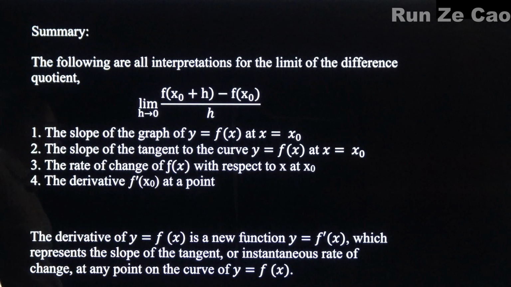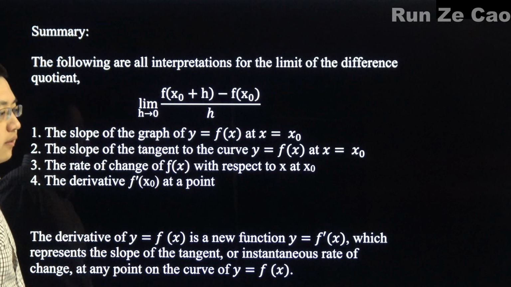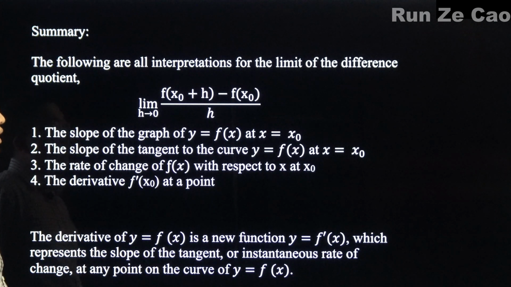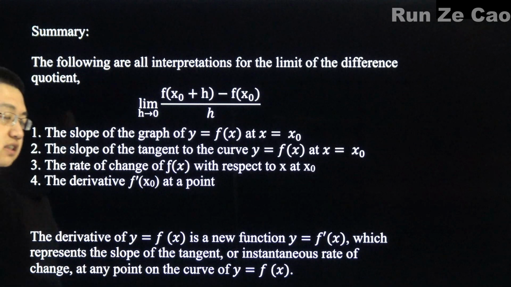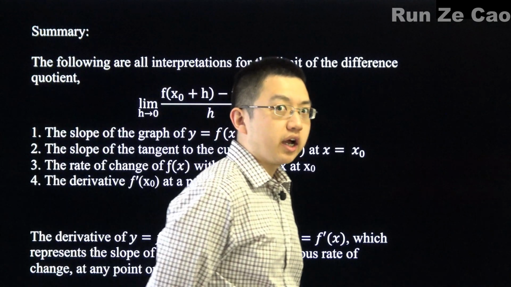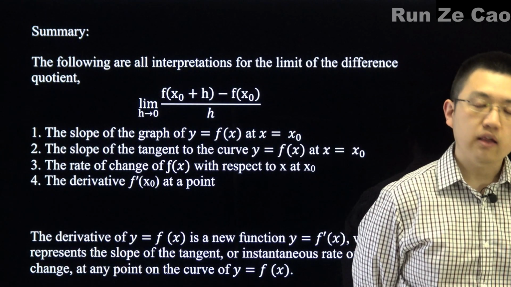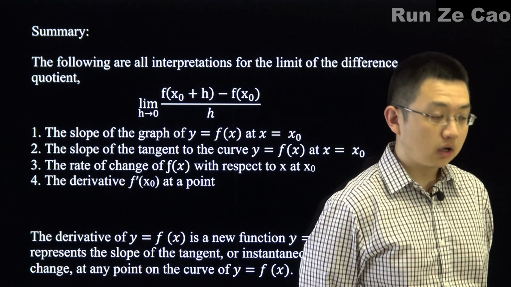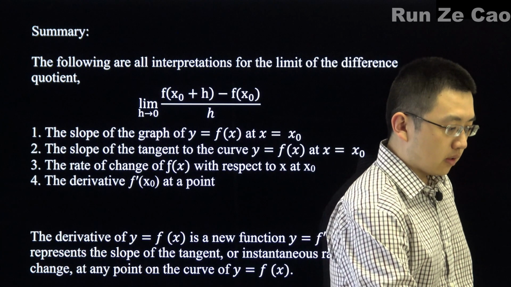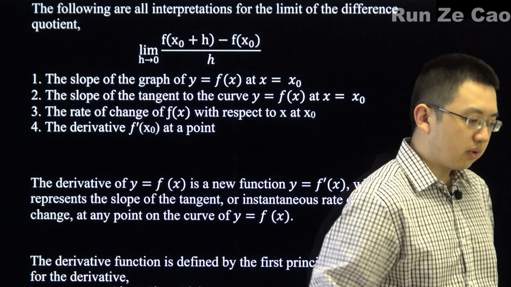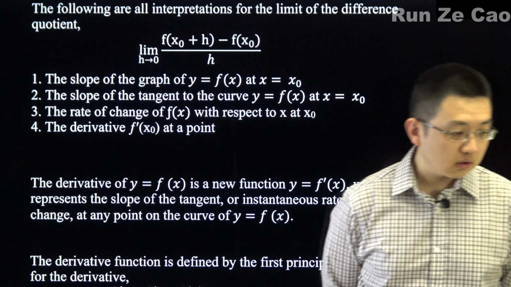So this could be the slope of the graph of f of x at x equals x0. This could also be the slope of the tangent line to that curve, because the slope of the tangent at the point of tangency equals the slope of the curve. This could be the rate of change of f of x with respect to x at x0.